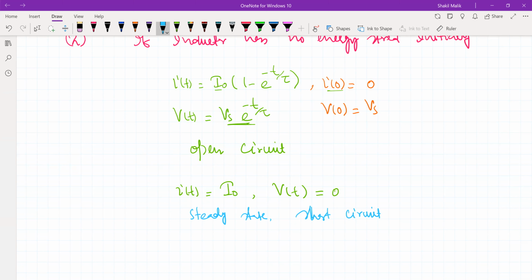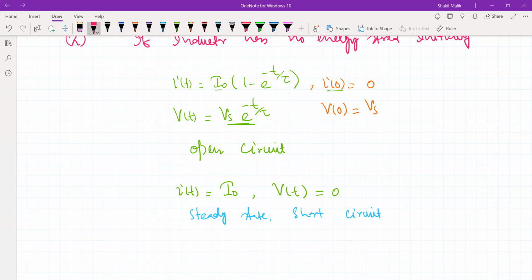Actually, it is a current source, but for the time being, we can say it behaves like a short circuit. From this V-I observation, there's no voltage, but there is current flowing through this element. So it behaves like a short circuit.